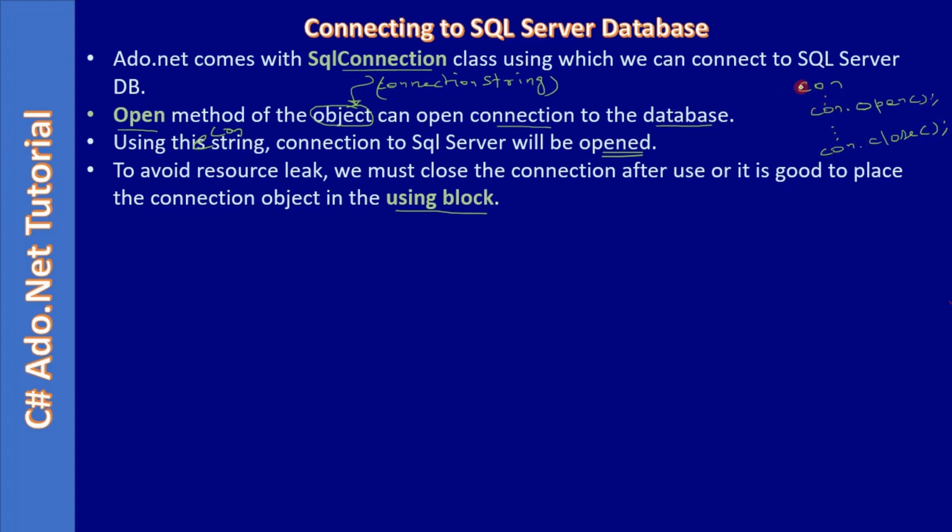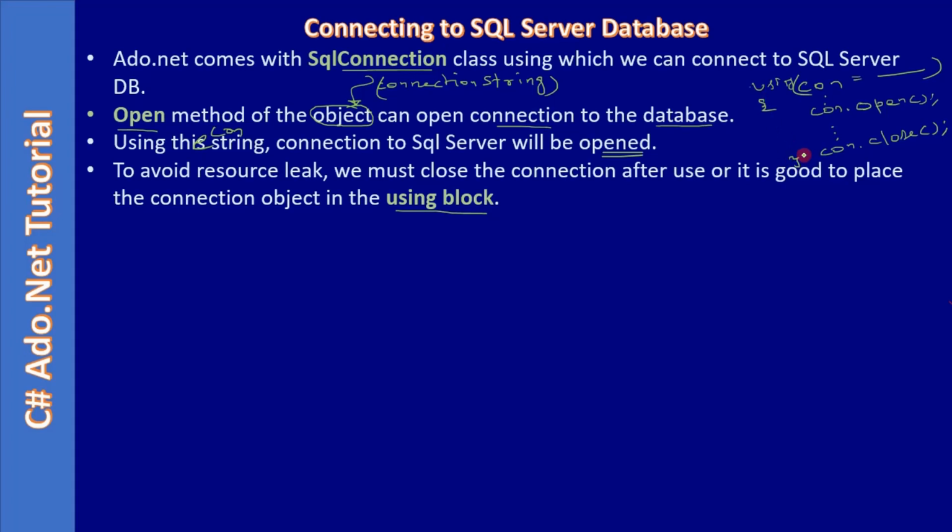Or you can place the entire connection inside the using block. So when we are constructing the connection, at that time itself we can place the using block. You create the new instance, and then you will open inside it, and this will be the using block.